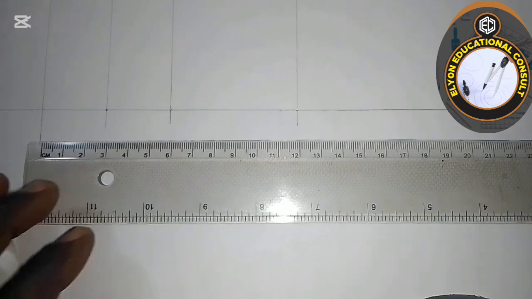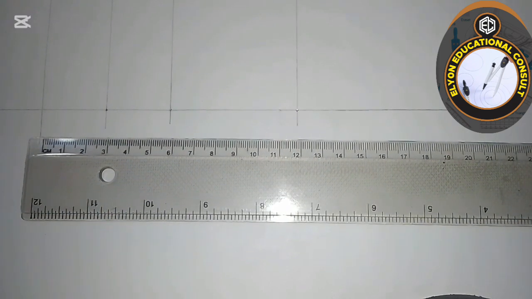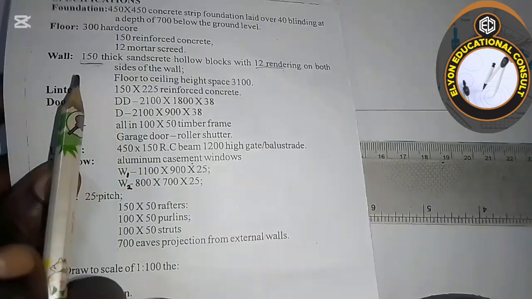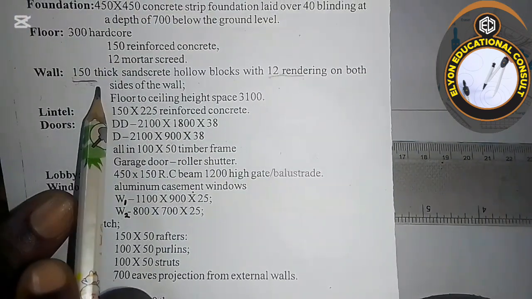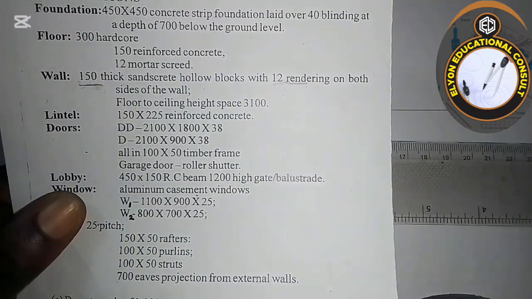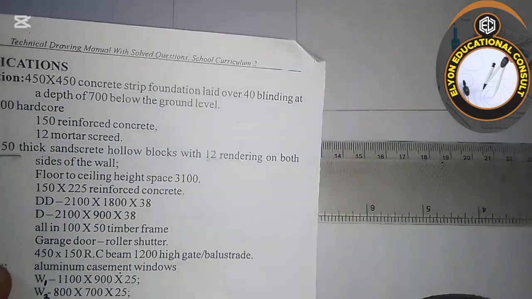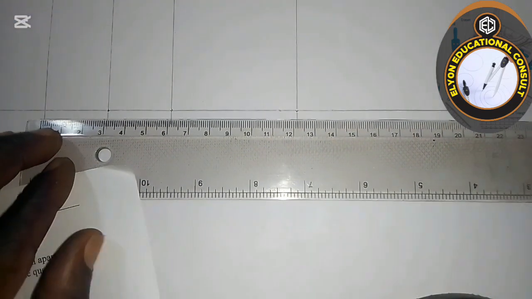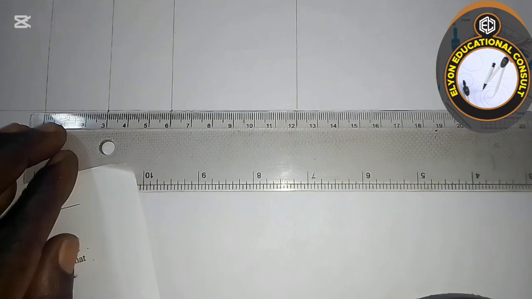If you don't know why we are dividing by 1,000, I still want you to take a look at that video. So dividing the thickness of the wall by 1,000, I'm going to get 0.15. That's approximately 0.2. So approximation is allowed.